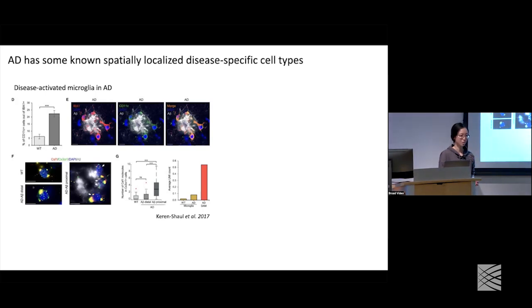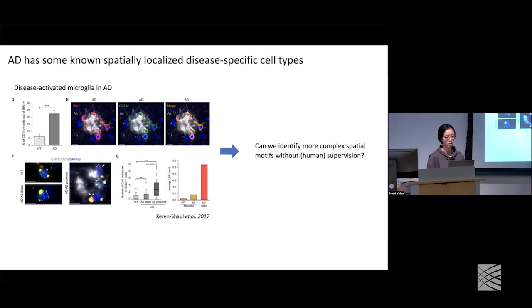Now we have access to 3,000 genes in a STARmap experiment and even more genes in a 10x BCM experiment. We potentially have the ability to identify more complex spatial signals with interactions of multiple different cell types or cell states. But this also requires us to develop a computational method in order to identify such a complex signal.